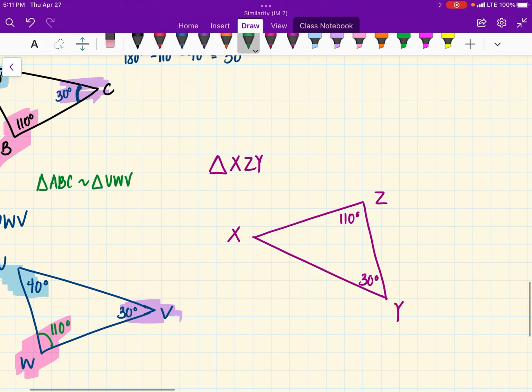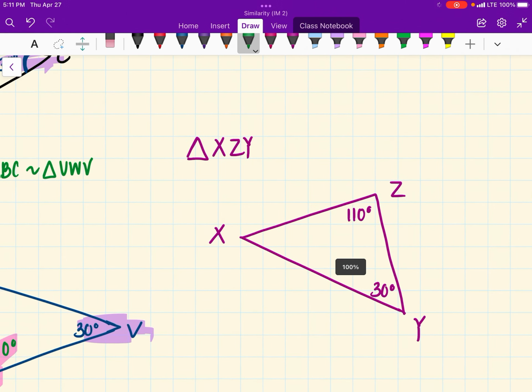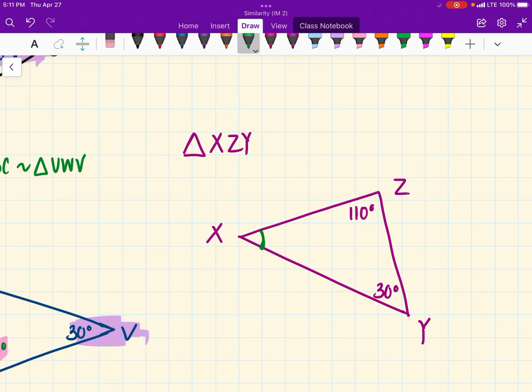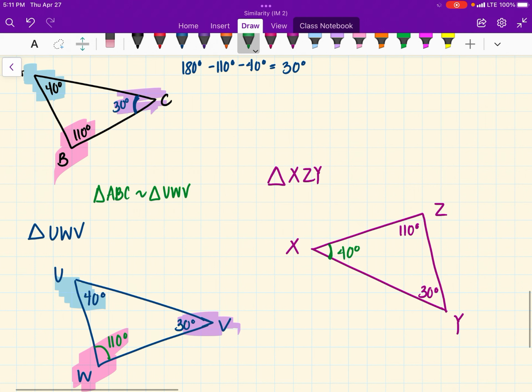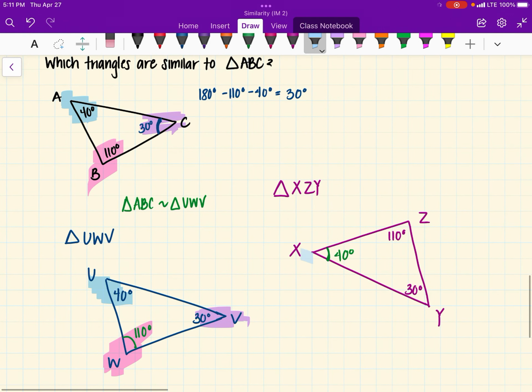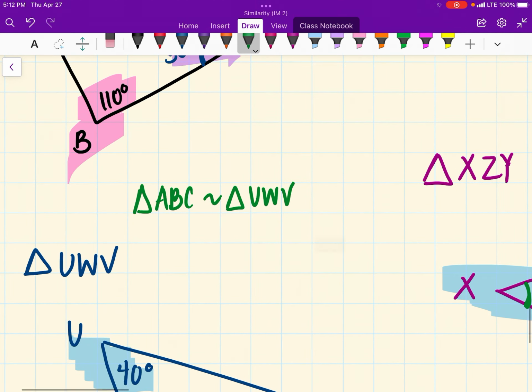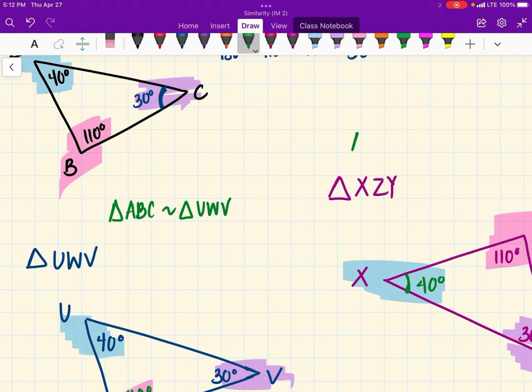Now, if we take a look at this one, XZY, I'm going to conclude the same thing, because this angle now is going to be 40 degrees. That angle there is 40 degrees. So A matches with Z, C matches with Y, and B matches with Z. So we can also say that triangle ABC is similar to triangle XZY.